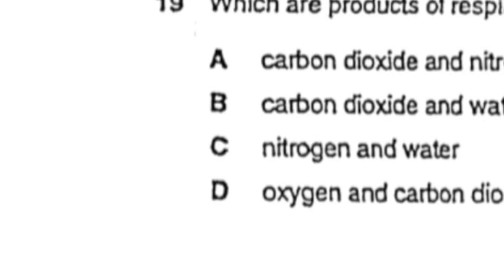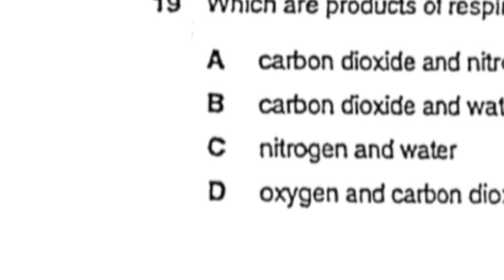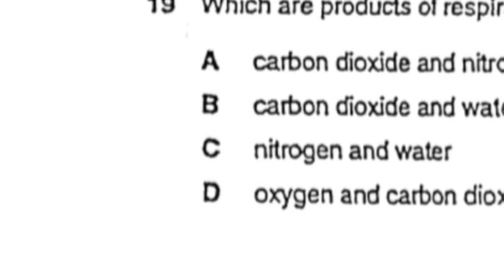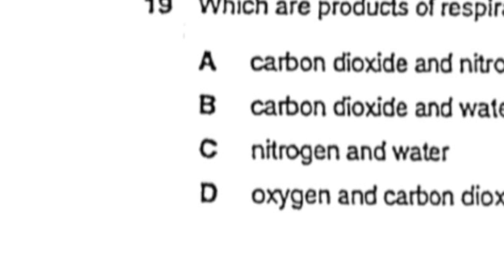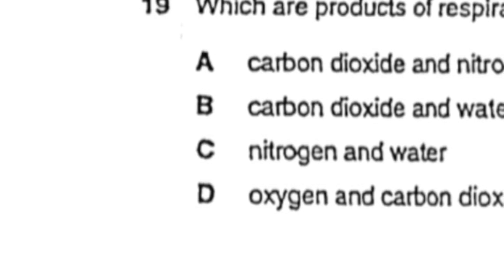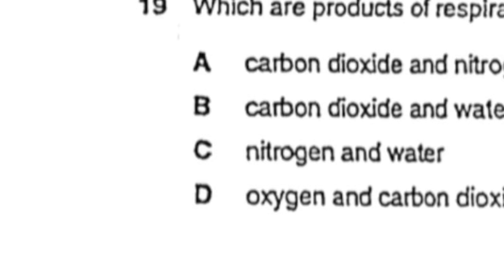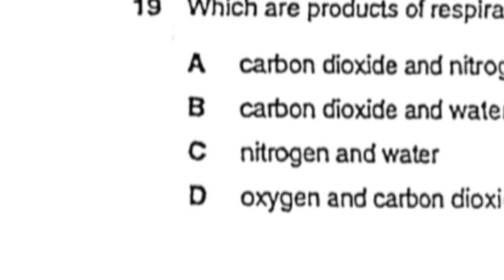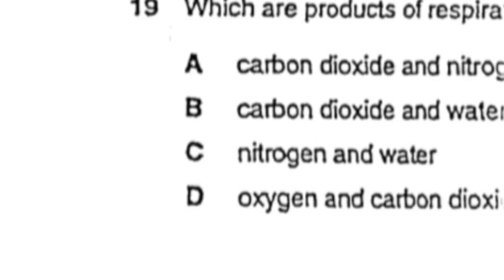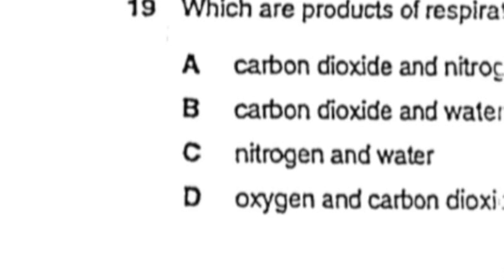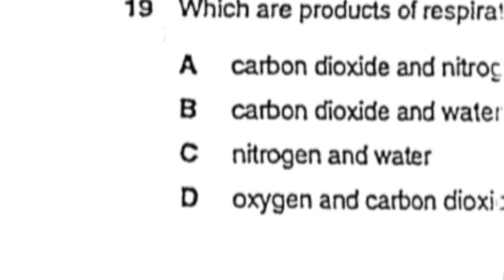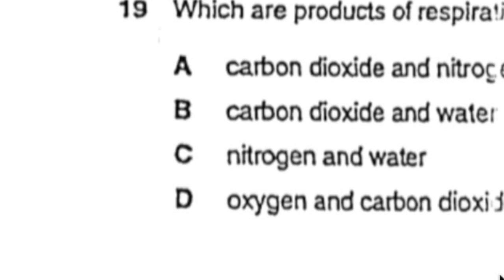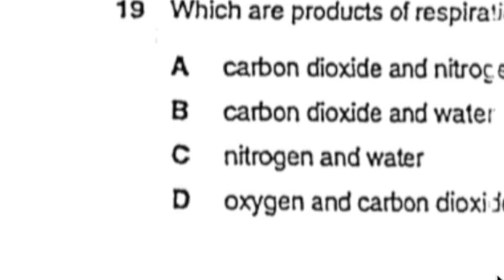Question 19. Which are the products of respiration? Now first, the formula of respiration is C6H12O6, which is glucose, plus 6O2 oxygen, which becomes 6CO2 carbon dioxide plus 6H2O water plus ATP, which is pure energy. So let's look at A, carbon dioxide and nitrogen. There's no nitrogen in respiration if you look at the formula, so wrong.